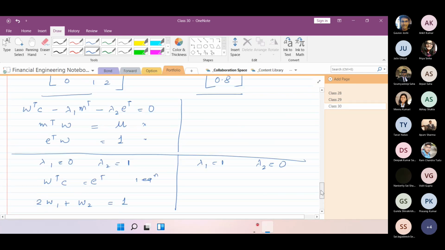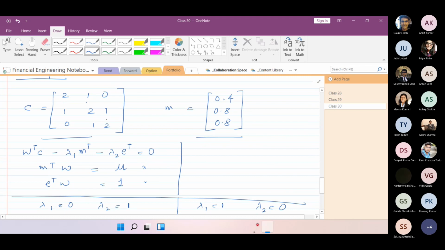Next, W1 plus 2W2 plus W3 is equal to 1, and finally W2 plus 2W3 is equal to 1. Are you getting this? Yes or no? Yes, sir.